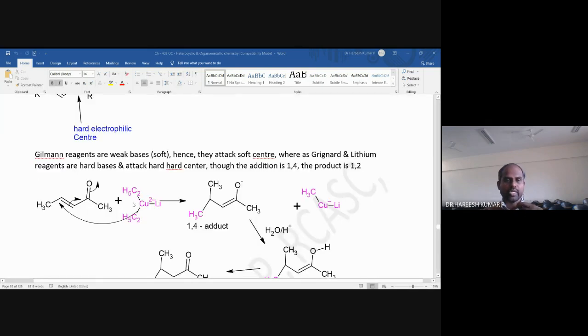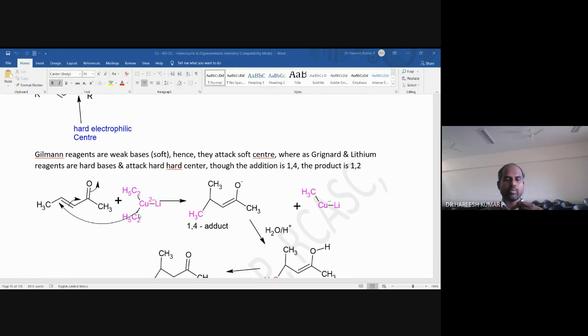Here I am taking an example, an alpha beta unsaturated carbonyl compound. This is diethyl lithium cuprate.